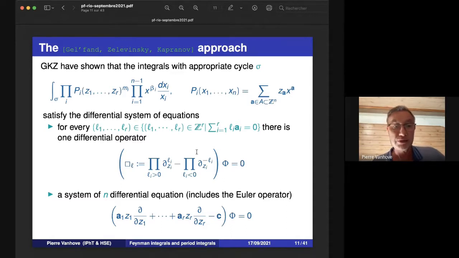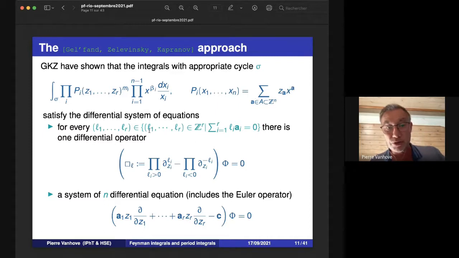So you have to extend that to relative periods. Okay, so that's possible to do, but as well the construction, for those that are familiar with that, is summarized in that line: what dictates the nature of these differential operators are just the powers of a monomial. So the Newton polygon.